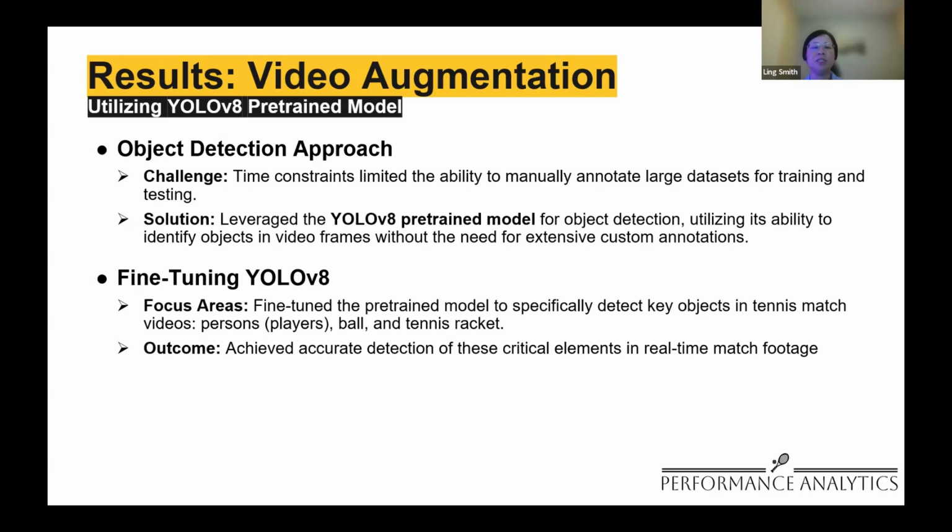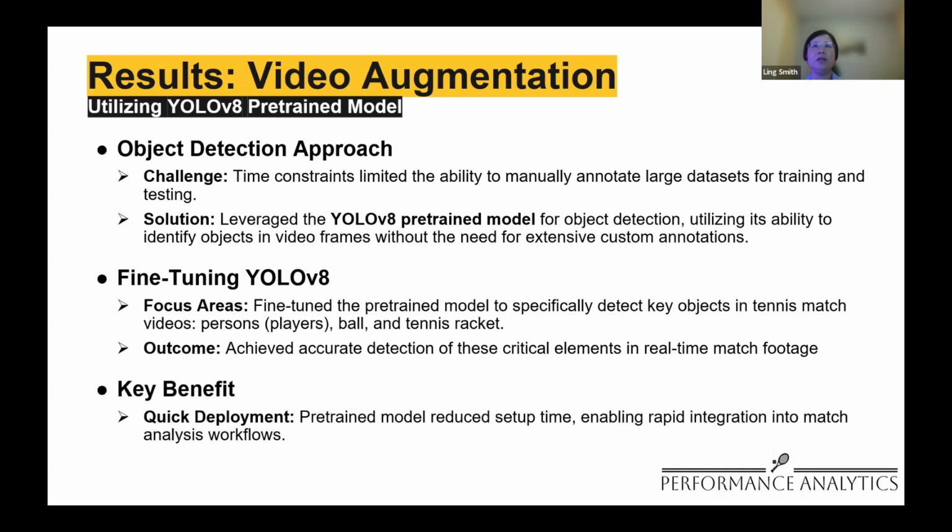And the outcome successfully detects these critical elements in real-time match footage. The key benefit of using a pre-trained model is the quick deployment, and it reduces the setup time, allowing us to integrate the model into our match analysis workflow quickly. So now let's move to show you a demonstration of how this works.